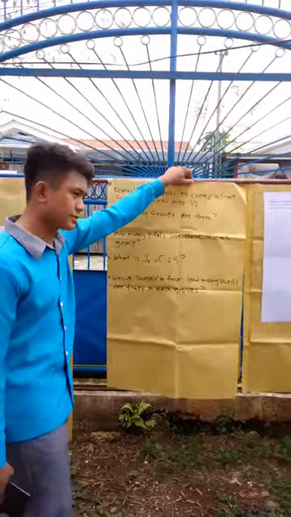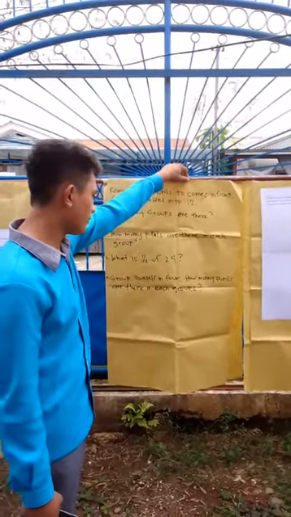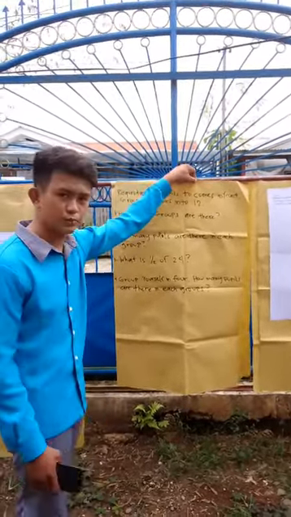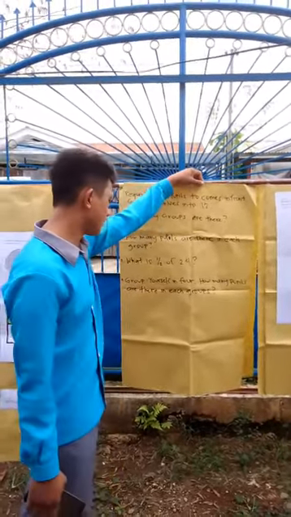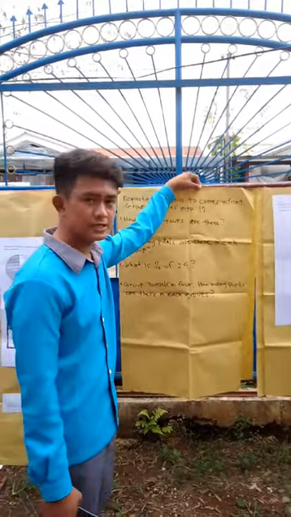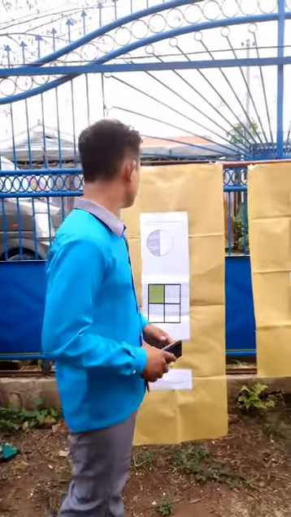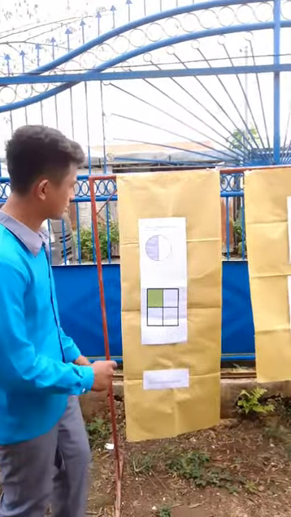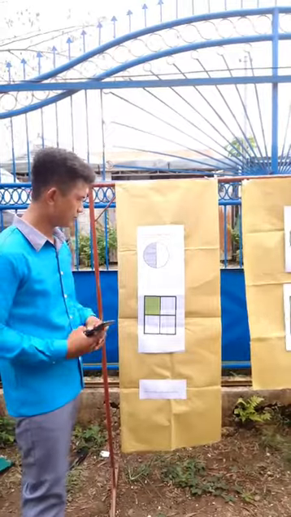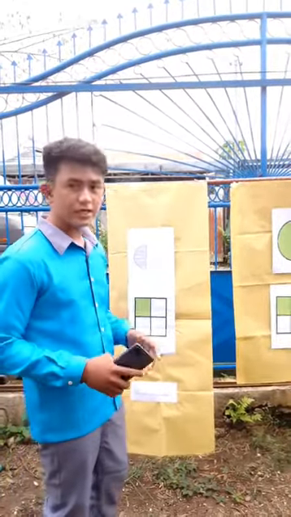So, class, group yourself into 4. How many pupils are there in each group? That's correct. The number of pupils in each group is 6. So, class, I have an example of these shapes. Study closely the figures.